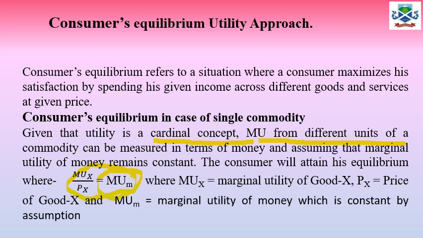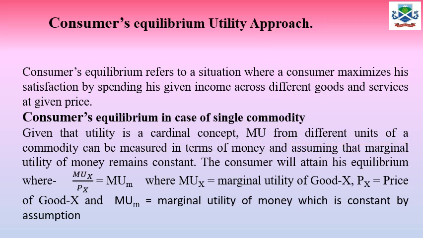Whatever the value of the first 10 rupees to the consumer, the second 10 rupees will have the same value, it is not going to change. That is the meaning of marginal utility of money remaining the same. MUX is the marginal utility of good X, PX is the price of X, MUM is the marginal utility of money, which is constant as we have assumed.